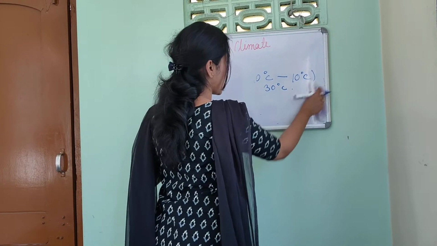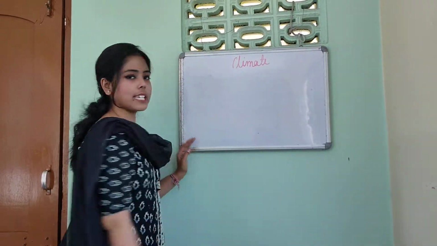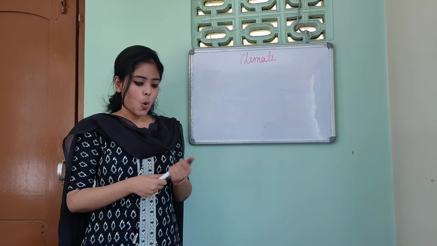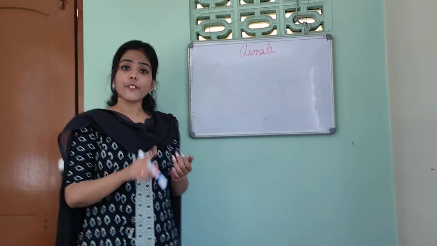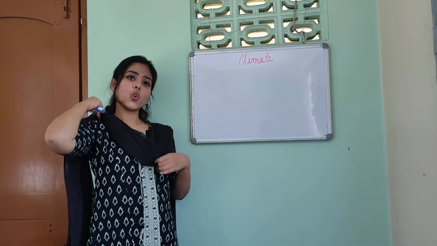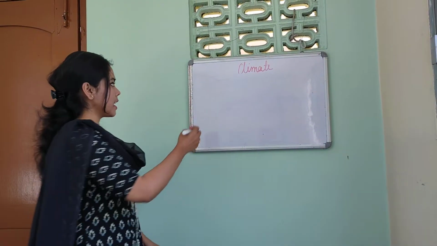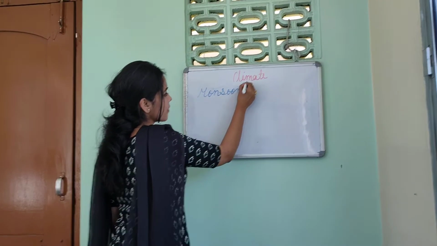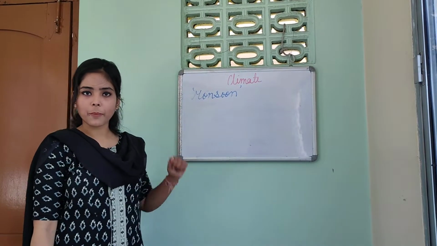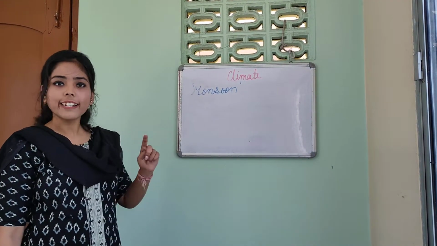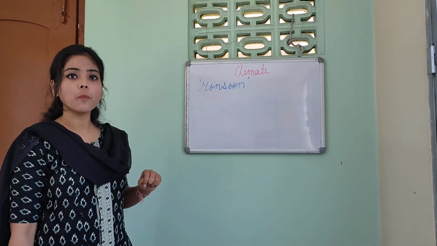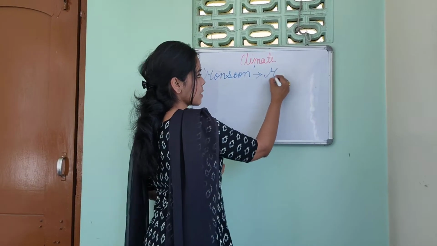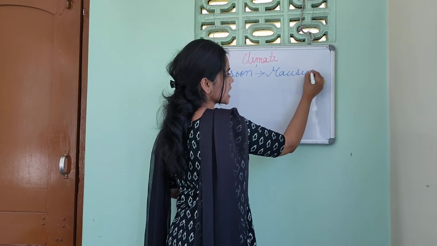So this is our range of temperature. Now, today our main topic is the monsoon. What is monsoon, and what are the factors that affect our climate? You already know the meaning of monsoon because you have read about it in your previous class. Monsoon is derived from an Arabic word, mawsim, which means season.